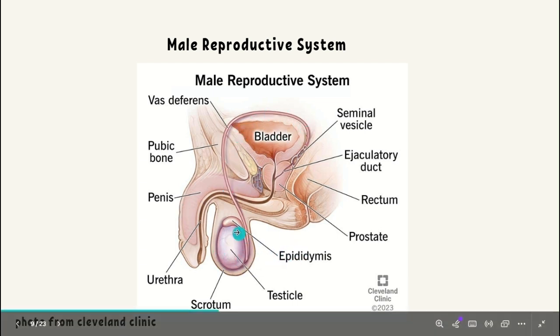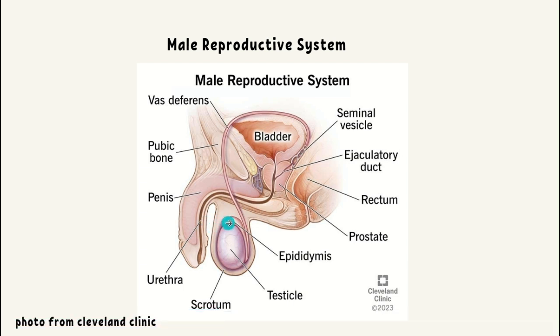This is the epididymis. What the vas deferens does is carry sperm from the epididymis to the seminal vesicles. Look at it, it's carrying the sperm from here to the seminal vesicles.